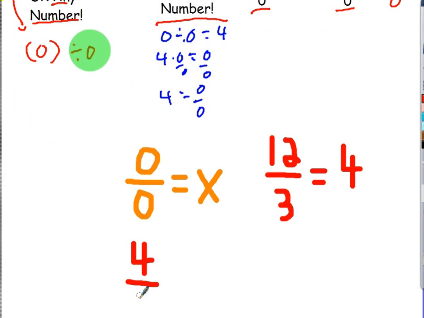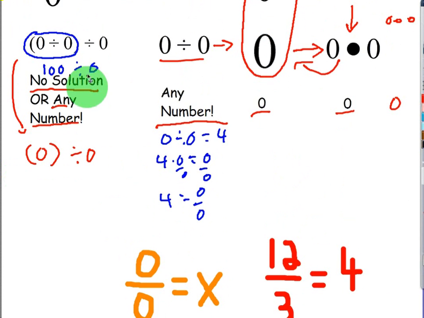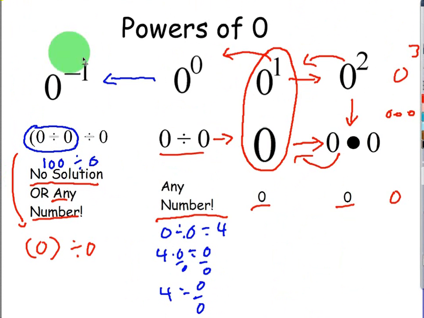You can't take a non-zero and divide by 0 because, let's write this as x again, there's no number that when I multiply it by 0 will give me 4. It won't work, right? So if the numerator is not 0, that's why you get undefined. No solution. So 0 to a negative power is going to be no solution.